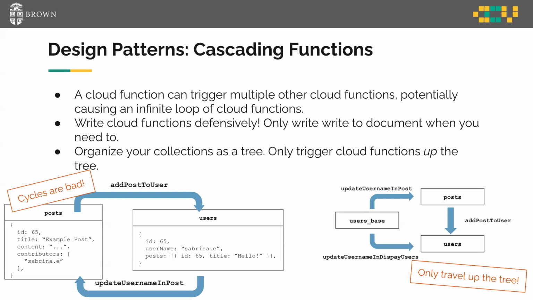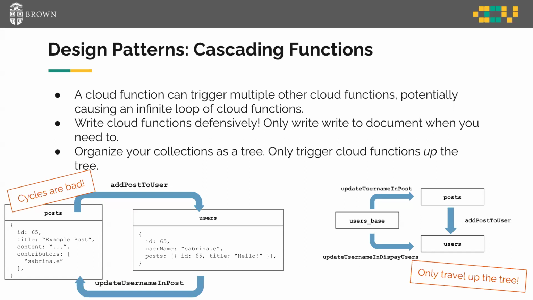So the idea is to organize your documents, your collections in your NoSQL database, as a tree, and to only have cloud functions that trigger up or across that tree as opposed to back down. This builds on the idea of the write-only collection as well. If you have a write-only user collection, which contains those writable fields, you can have that update your actual visible users document, and also update all posts that are associated with it.